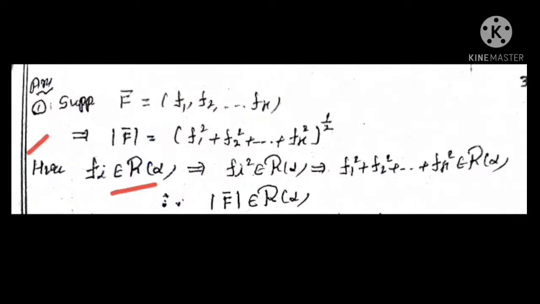fi belongs to the set of all RS integrable functions on closed interval ab with respect to alpha, implies fi square belongs to the set of all RS integrable functions on closed interval ab with respect to alpha, implies f1 square plus f2 square plus up to plus fk square belongs to the set of all RS integrable functions on closed interval ab with respect to alpha.